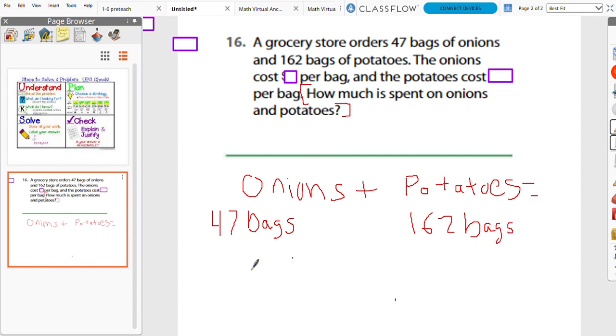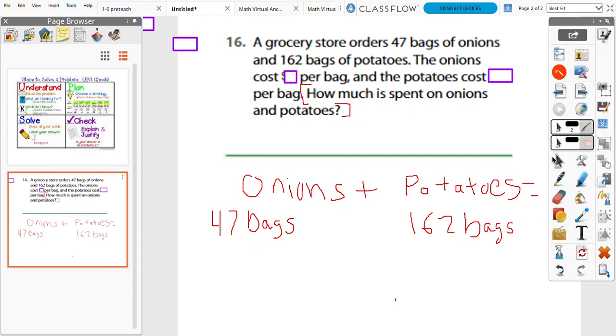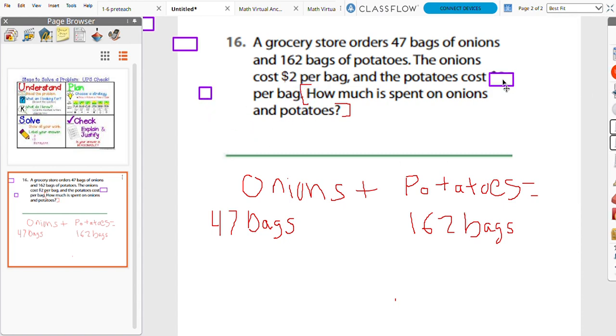So how many times am I going to be adding 47 and 162? Or multiplying, since that's repeated addition. So it's $2 per bag and $3 per bag. So we would be adding actually 3 plus 3 plus 3 plus 3, 47 times. And $2, 2 plus 2 plus 2 plus 2, 162 times to figure out our total cost for both of those.